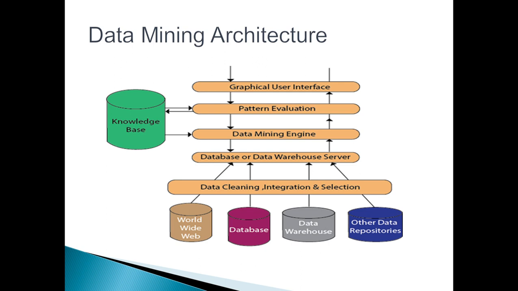Sometimes even plain text files or spreadsheets may contain information. Another primary source of data is the World Wide Web or the internet. So these all are the basic data sources from where we collect the data.